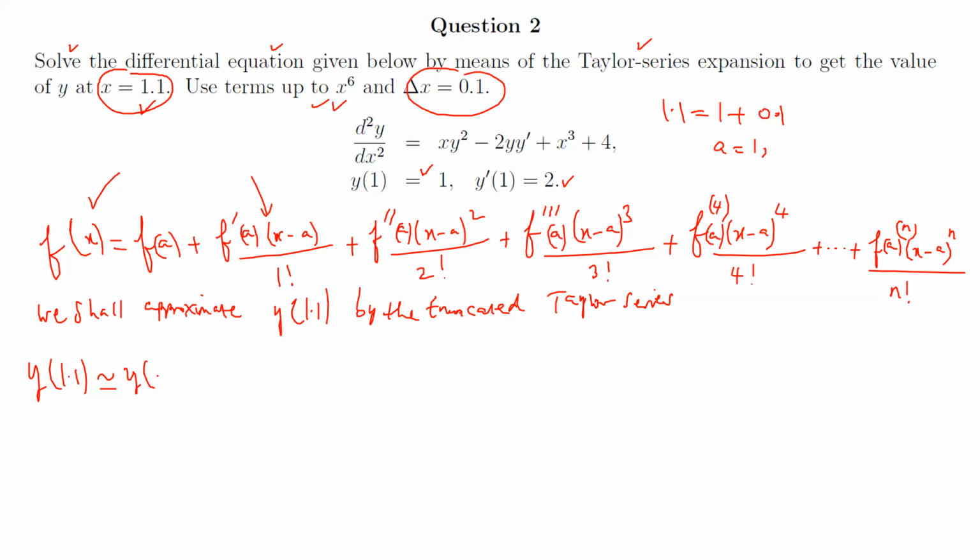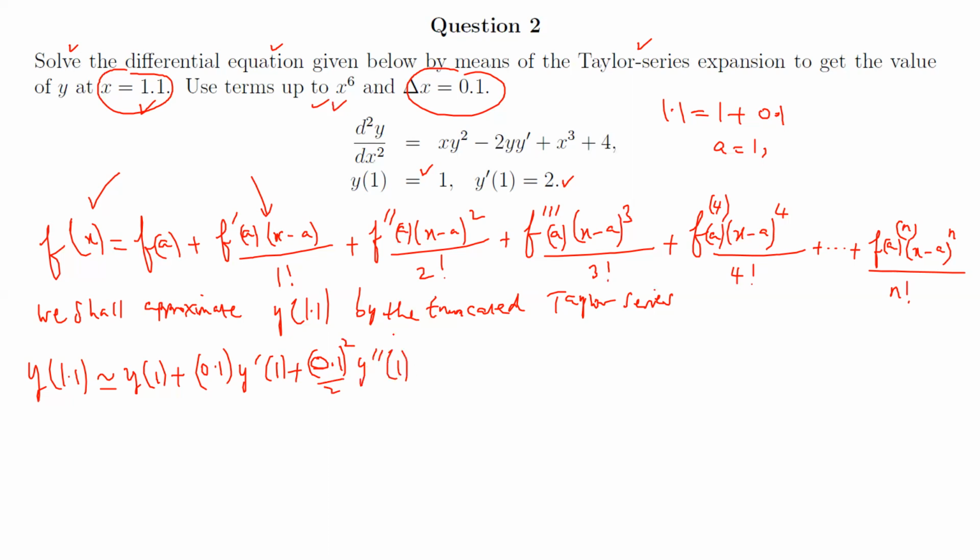So the 1.1 can be approximated as y at 1 plus 0.1 into y primed at 1, and then this formula can be written like this: you have 0.1 squared, divided by 2, times y double primed at 1.